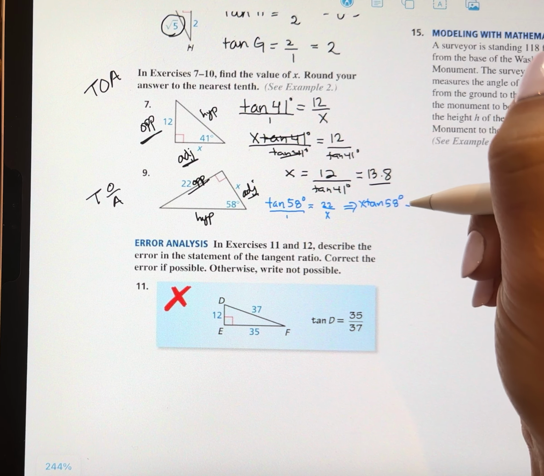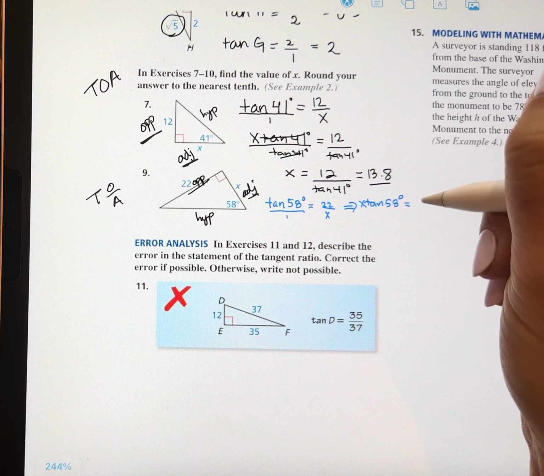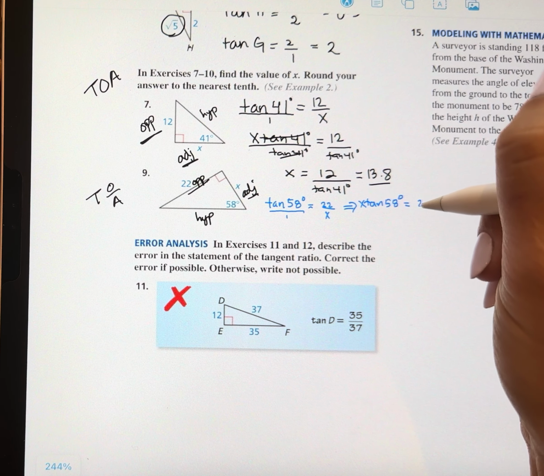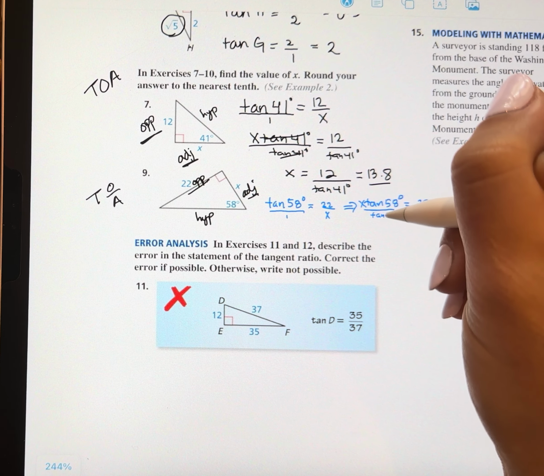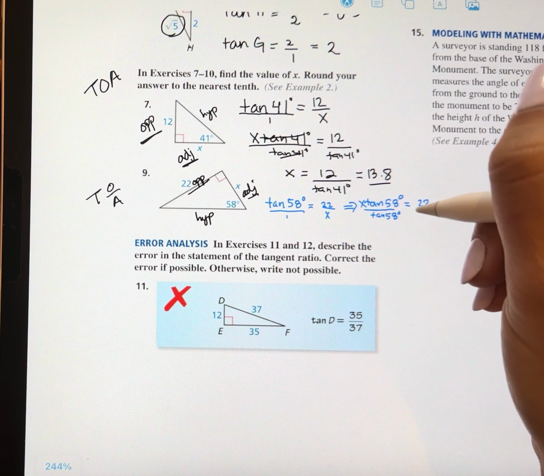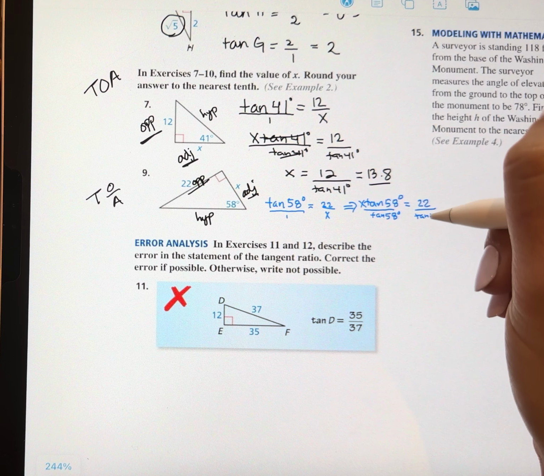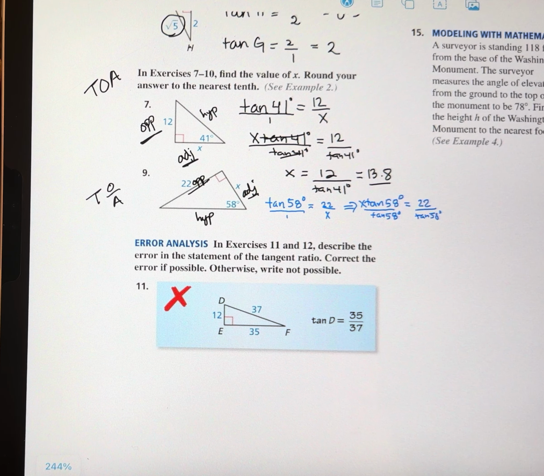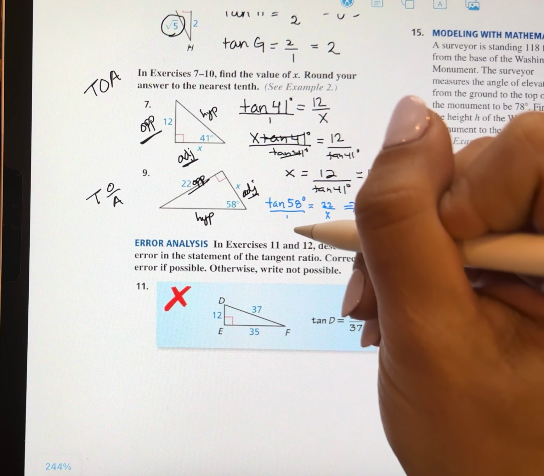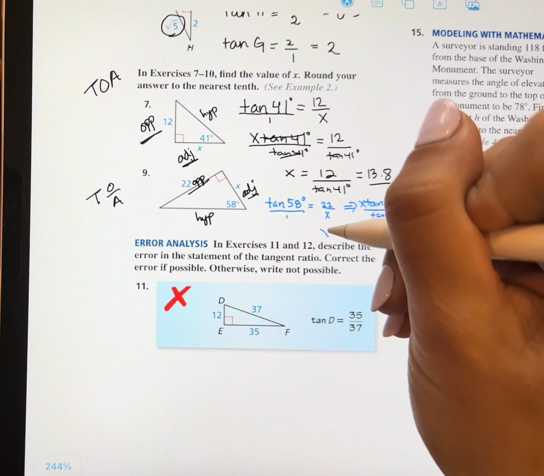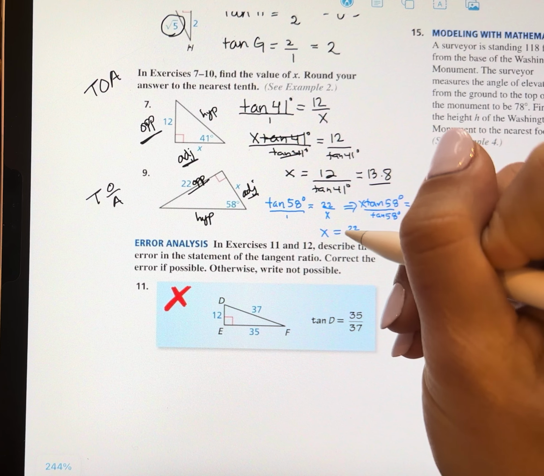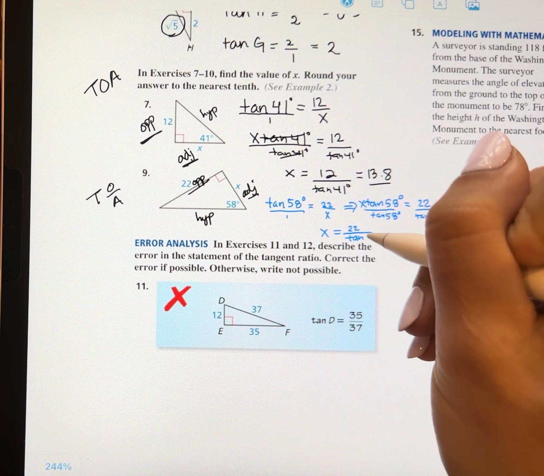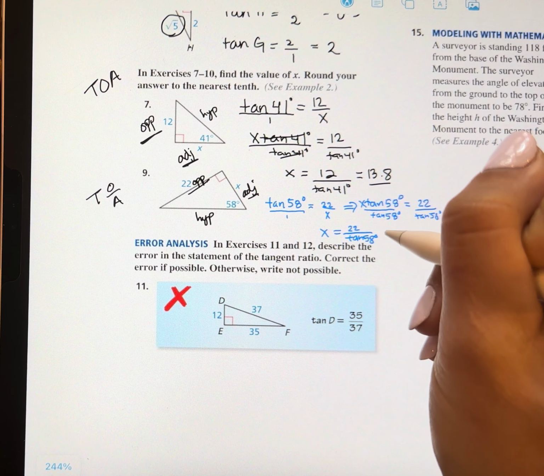Tangent is an operation. Is equal to 22. And then I got to divide by tangent of 58. And I get that x equals 22 divided by tan 58.